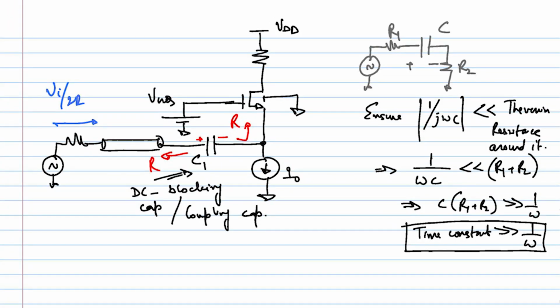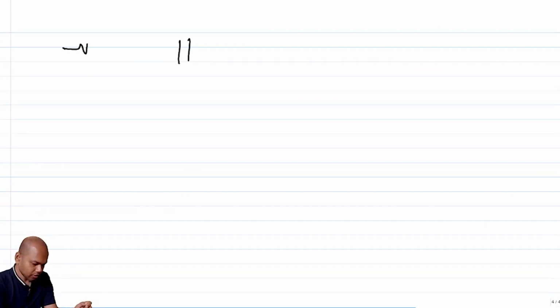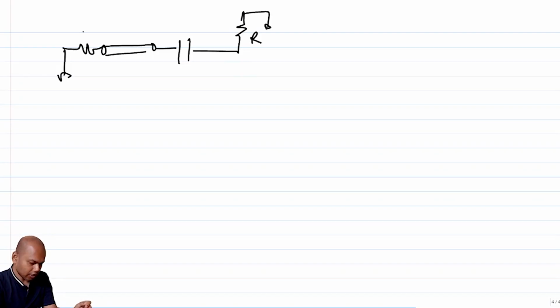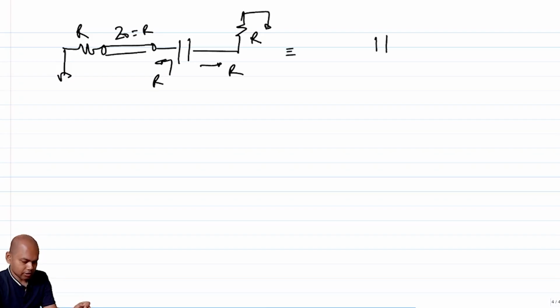By the way, how do I find out the impedance? In order to find out the impedance, I short the input. I know that this side is also R, this is R, this is Z naught, which is equal to R. So looking this side is R, looking this side is R. So essentially this is C1 with 2R.